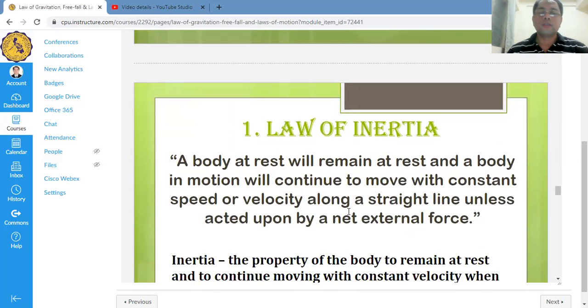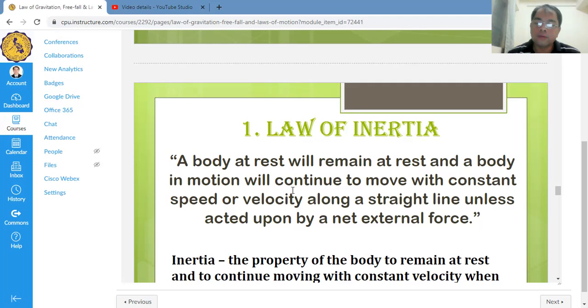That constitutes what we call the law of inertia. Our usual tendency is to remain in our state, in what we are doing at the very moment. We call it inertia. When we apply an unbalanced force on a given body, its inertia will change.